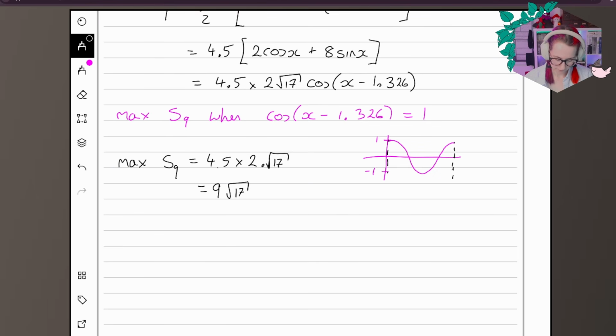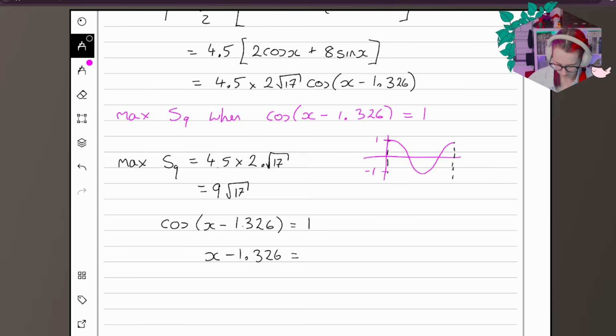So we're looking for when cos of x minus 1.326 is equal to 1, which happens whenever the inverse cos of 1, which is equal to 0. So that happens when x minus 1.326 is equal to 0, right?